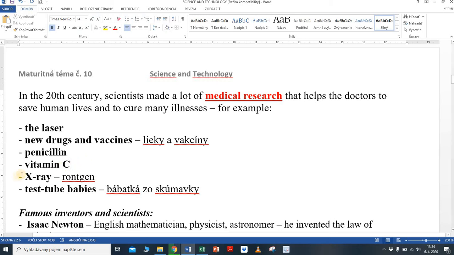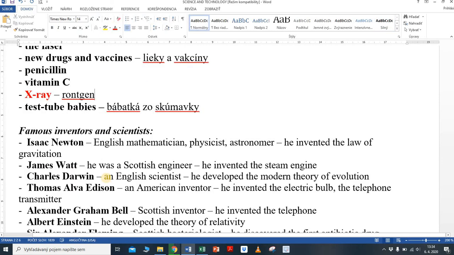X-rays help us to see what's inside our bodies, to see what problems will we face in the future. Test tube babies are something like an example of the great progress of wisdom, also smart skills people have developed over the past 100 years.